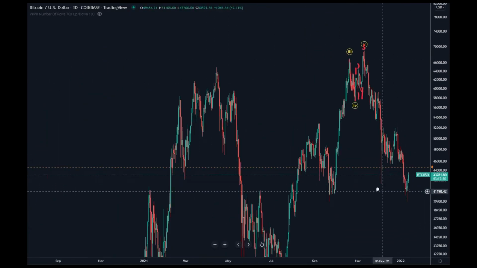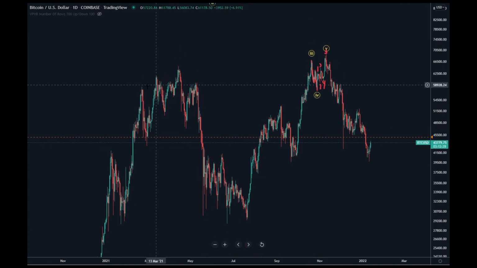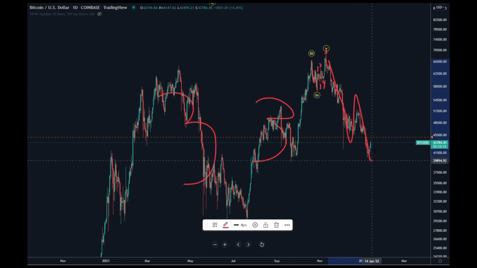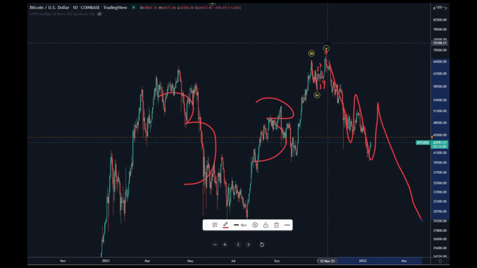So essentially what people are saying is that all this price action since February, March till now is one big 3, 3, and then expecting some sort of 5-wave move down here and a flat. But in order to get that, you have to have some sort of wave completion at the top.